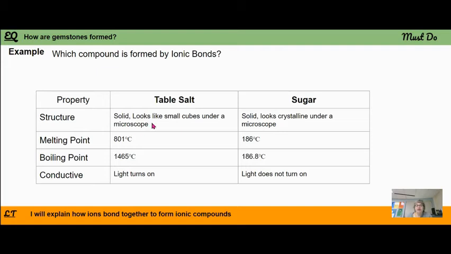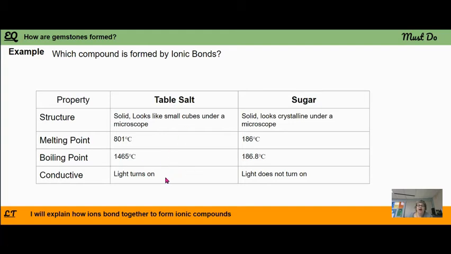It's white and doesn't crush very well. Its melting point is 801 degrees Celsius, so that's pretty high. Its boiling point is 1,465 degrees Celsius.